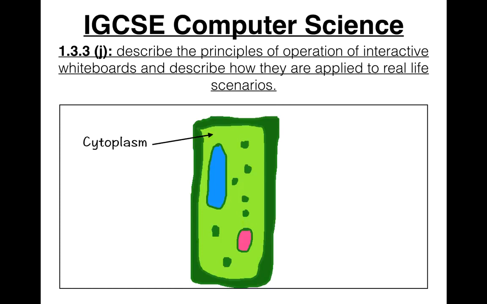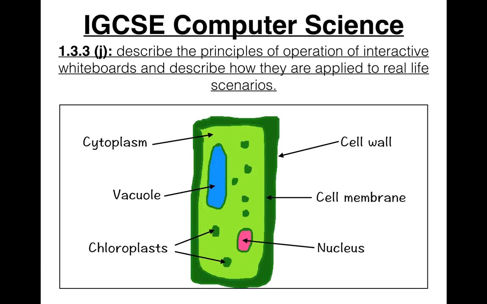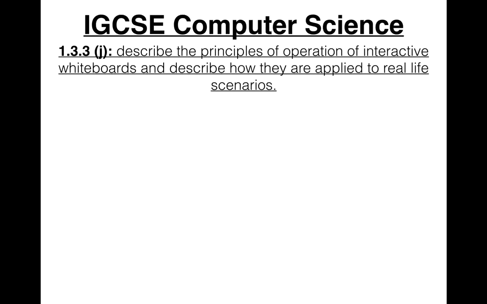So we have the cytoplasm, cell wall, the vacuole, cell membrane, chloroplasts, and nucleus, and you can annotate this, and this whole thing can be saved for later use on the computer, so that in the next lesson when we come back to learning about plant cells, we don't have to rewrite this. We can save whatever's been done here. So it's pretty much how an interactive whiteboard works.